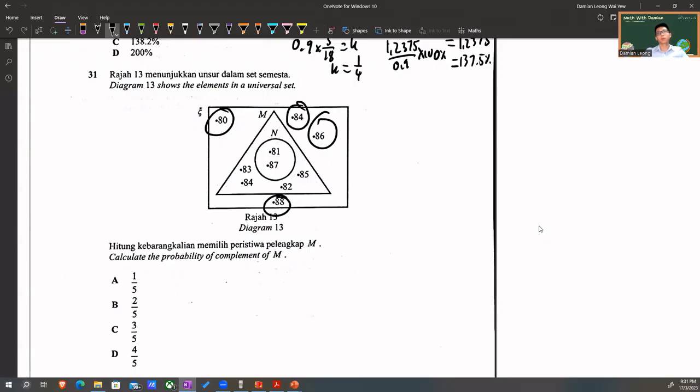So probability of complement means 4 out of, we look at how many total values there are. 4, 5, 6, 7, 8, 9, 10. 4 over 10. So simplify, 2 over 5. Answer B, just like that.